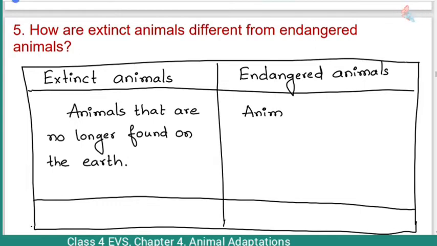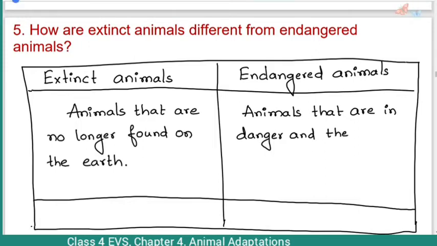What are endangered animals? Animals that are in danger and they may soon disappear completely from the earth.